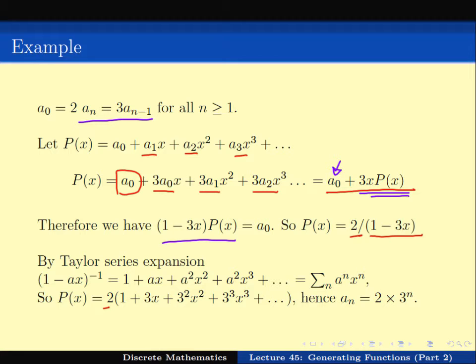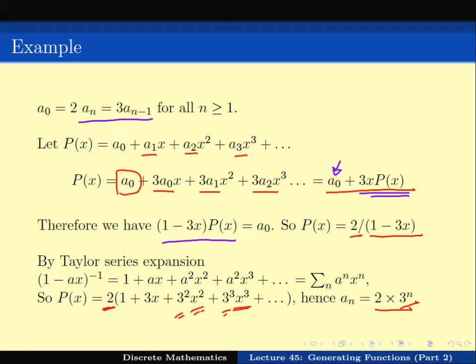And by doing so, I now know what is the coefficient of x to the power n. Here the coefficient of x cubed is 3 cubed, the coefficient of x squared is 3 squared, so the coefficient of x to the power n is 3 to the power n. So in other words, the coefficient of x to the power n is 2 times 3 to the power n. And hence this helps us to solve the whole recurrence relation.